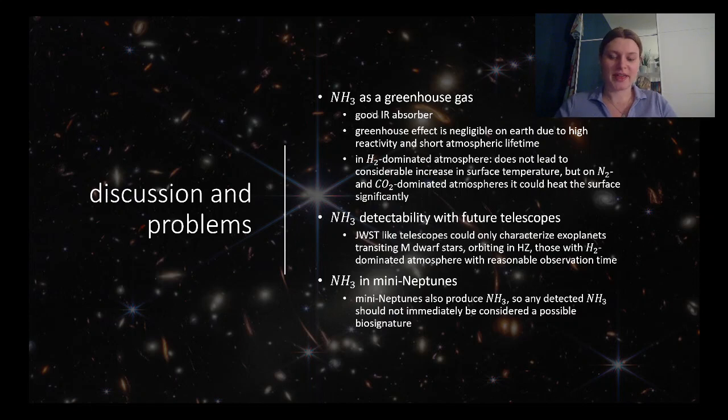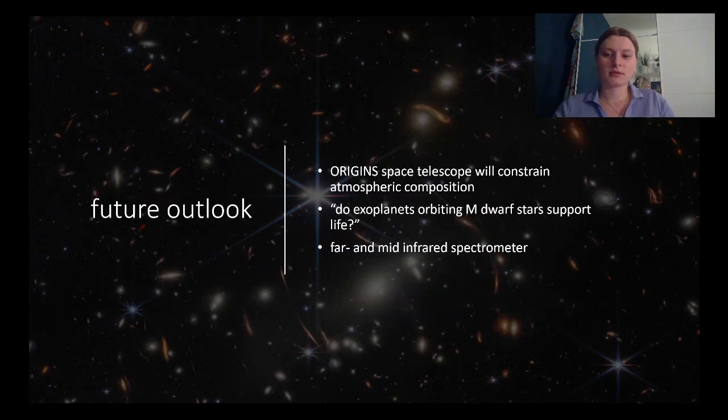Another problem is that NH3 also exists in mini-Neptunes, because mini-Neptunes can also produce NH3. So the problem here is that any detected NH3 might get considered as a possible biosignature, which you should not do. So for the future outlook, I talked about how we need more and better telescopes.